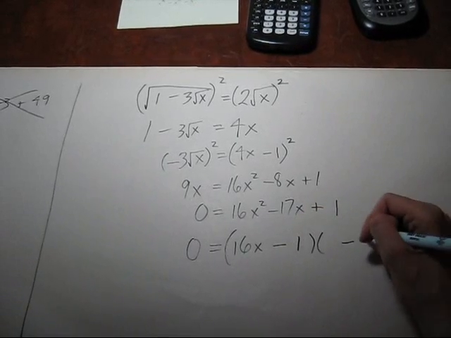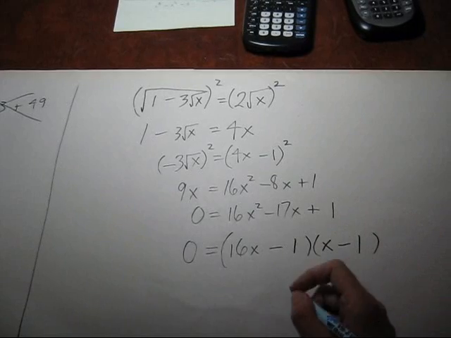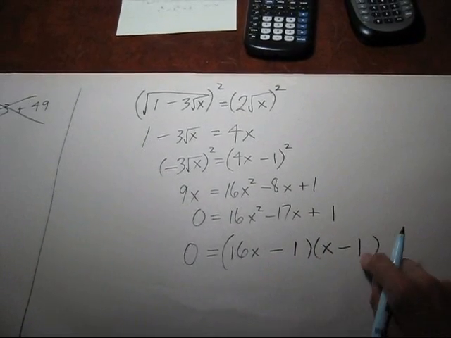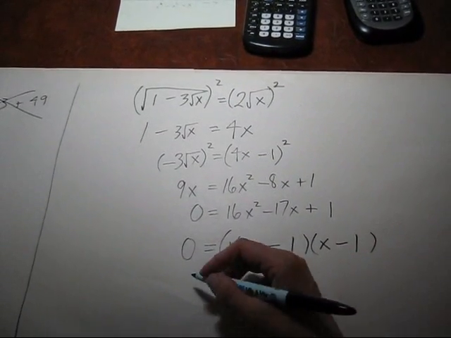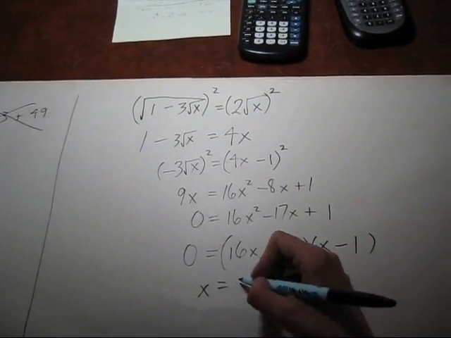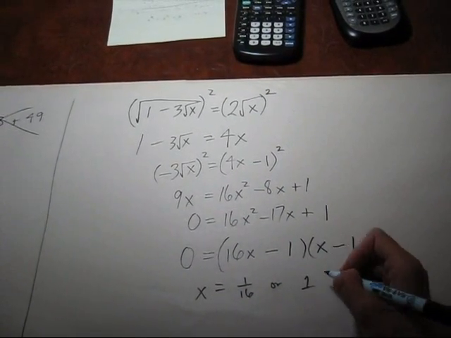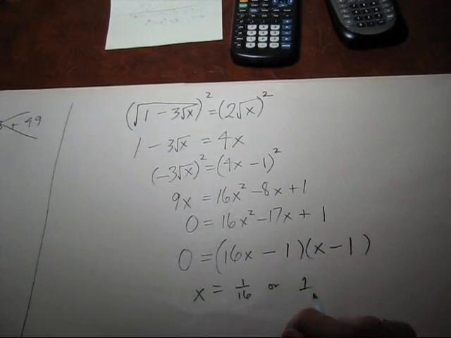Just ones. And this actually works. If you go back and check, you're going to get a negative 17x in the middle. Okay, so x is 1/16 or 1. And you get those by setting each factor to 0 and solving for x.